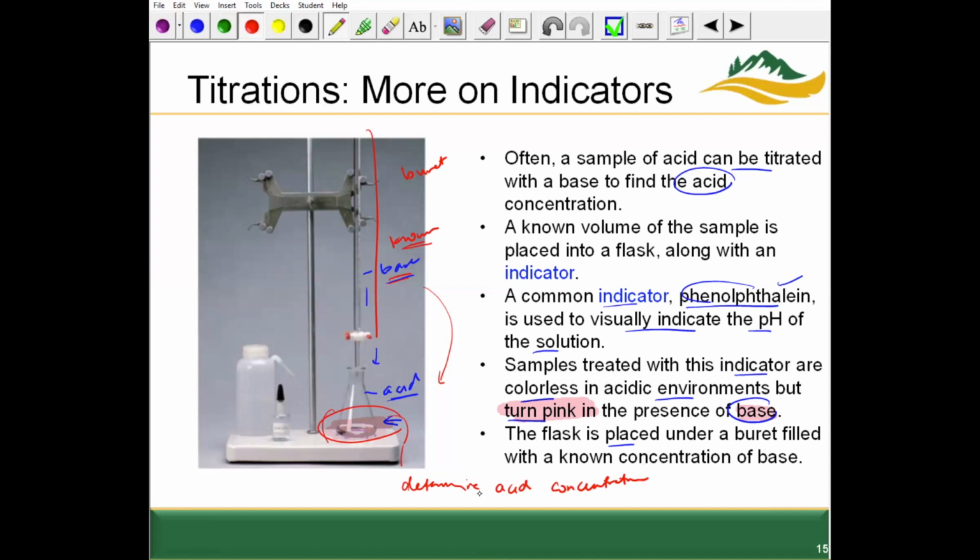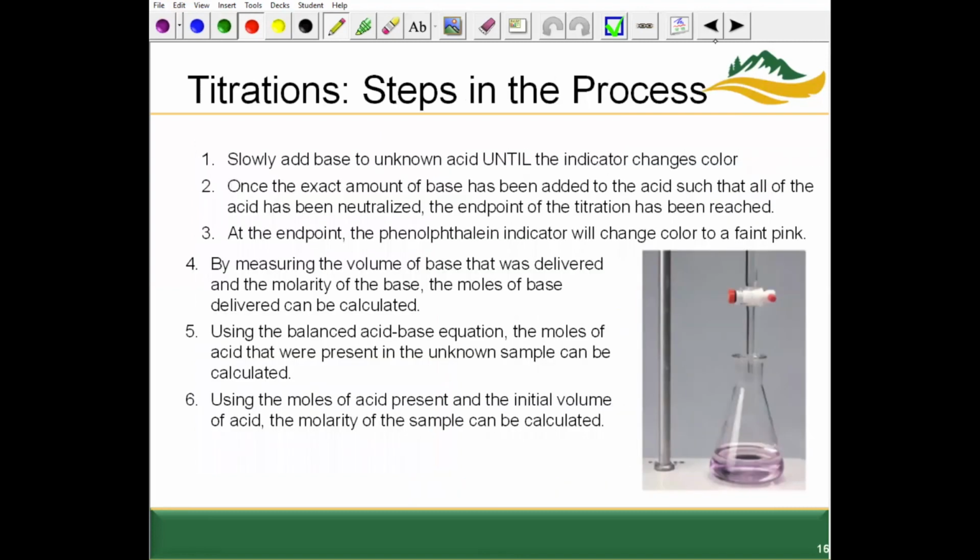So we can determine the acid concentration here in this unknown that's in our Erlenmeyer flask with the help of an indicator. So for these steps, we're going to slowly add the base to the unknown acid until the indicator changes color. Once the exact amount of base has been added to the acid such that all the acid has been neutralized, the end point of the titration has been reached.